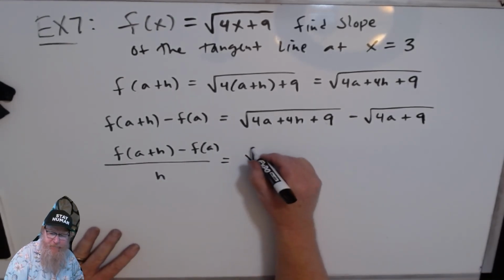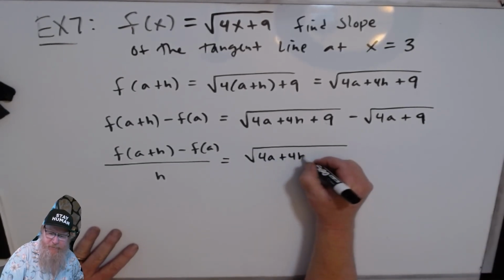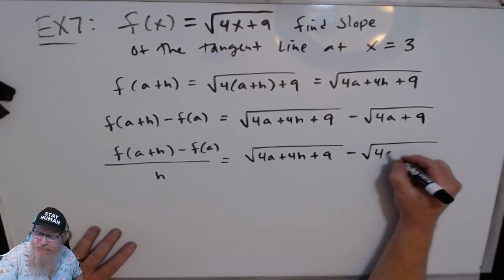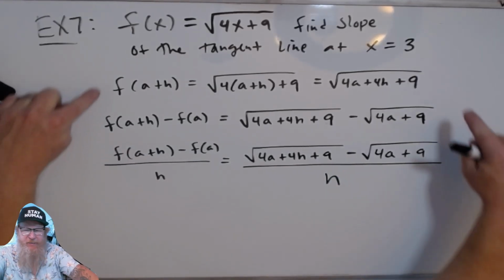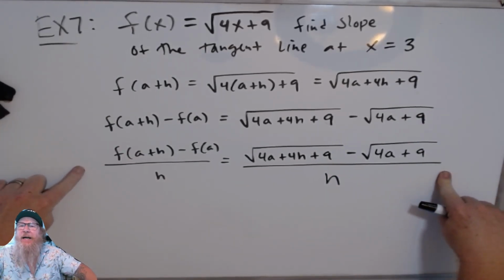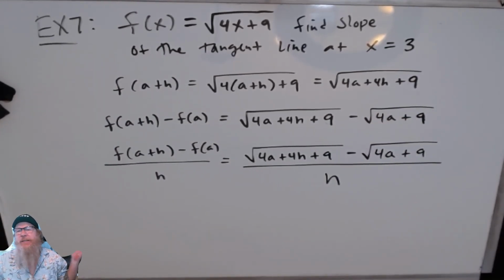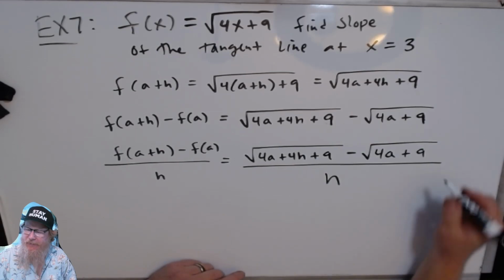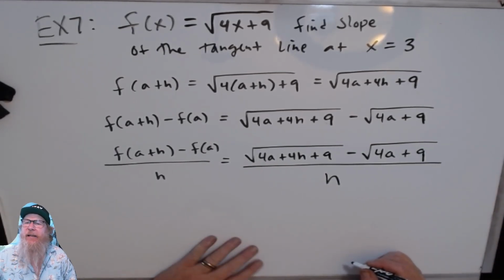And again, you could have just done all of this at once and just jumped right to this. This is sort of a step 1, step 2, step 3. Sometimes as you go along, it gets easier. In this particular example, because it's not a quadratic function, it's a square root function, it didn't really get much easier.